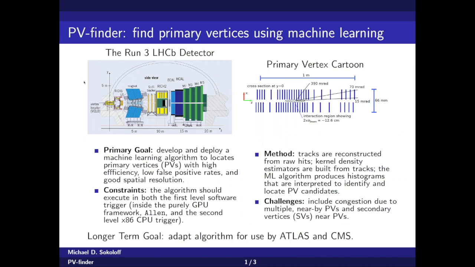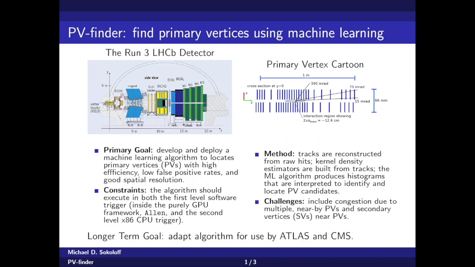The figure on the left here shows a cross-section of the LHCb detector, and we want to focus our attention on the vertex locator, which is a high spatial resolution detector surrounding the proton-proton collision points. An exploded view is shown in the cartoon on the right.